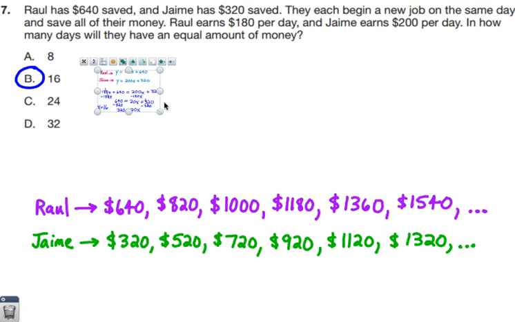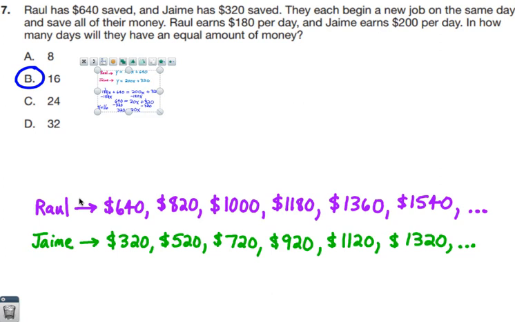Would that be the worst thing in the world to have to play out for 16 days? No. But what if the answer was 32? What if the answer ends up being like 100 days? What if the answer is not even nice, like 7.3 days or something?